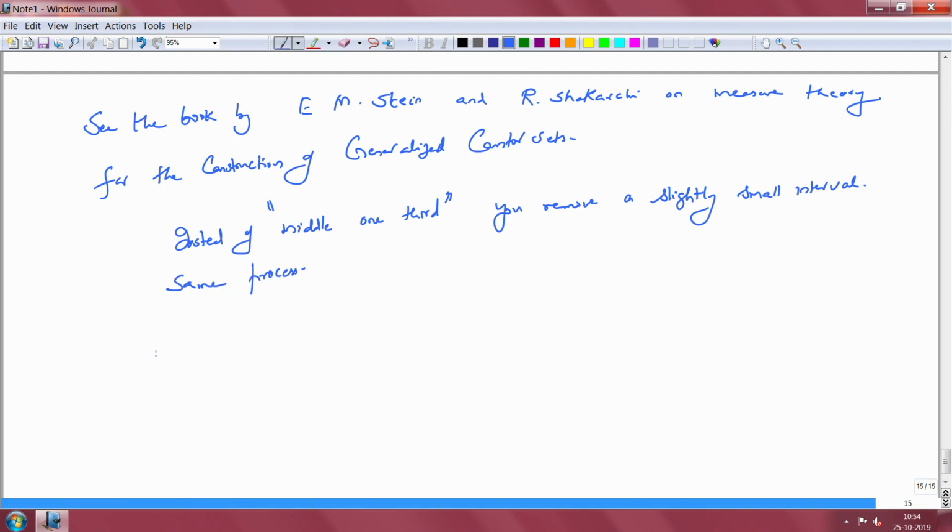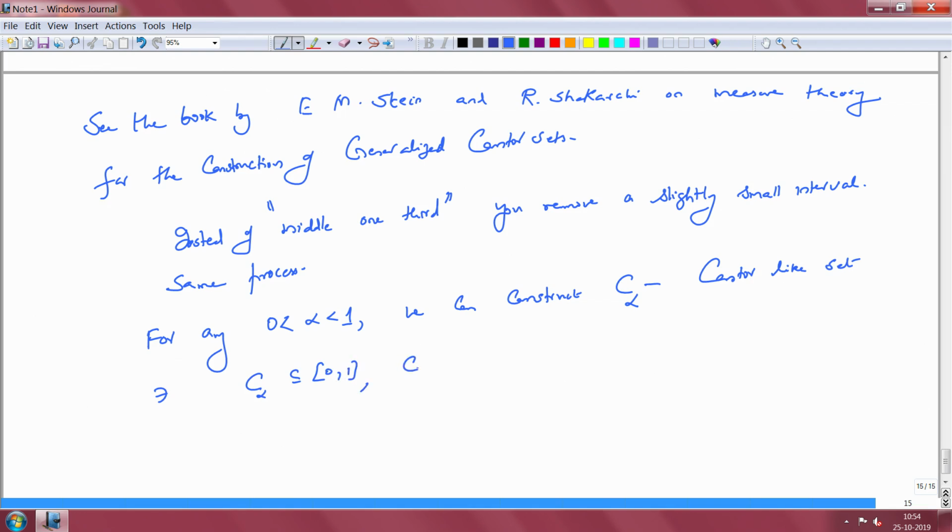What you get is, for any alpha between 0 and 1, we can construct, let us say, C alpha, a Cantor-like set, such that C alpha is of course sitting inside [0,1], C alpha is compact, C alpha has no interior, this is interesting, no interior, and the measure of C alpha, instead of being 0, you can make it alpha.